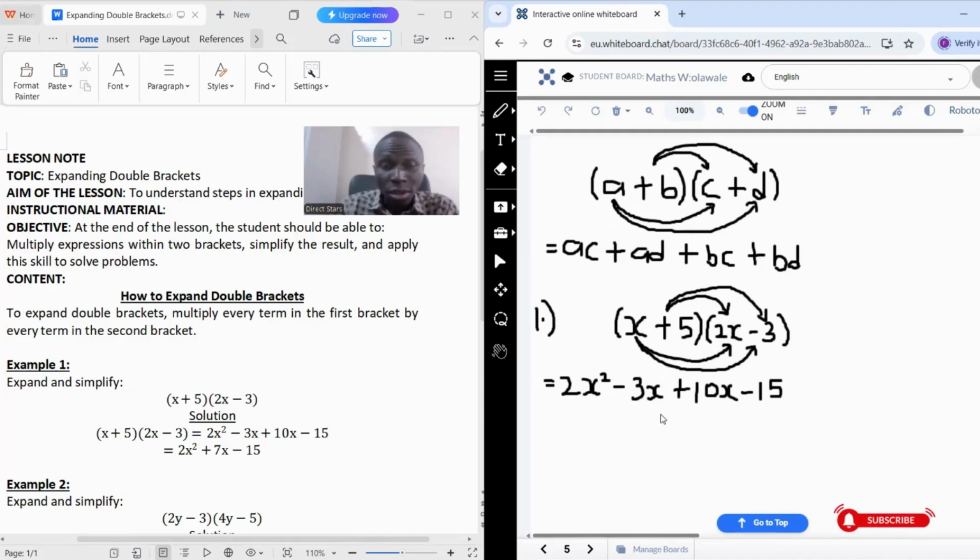So the next thing is for us to simplify this expression. So we're going to have 2x squared. Now minus 3x and plus 10x are like terms, and that's going to give us plus 7x and minus 15.